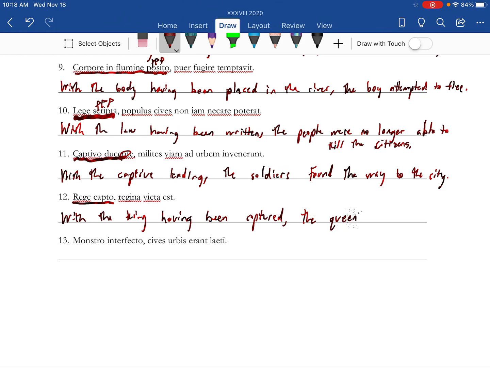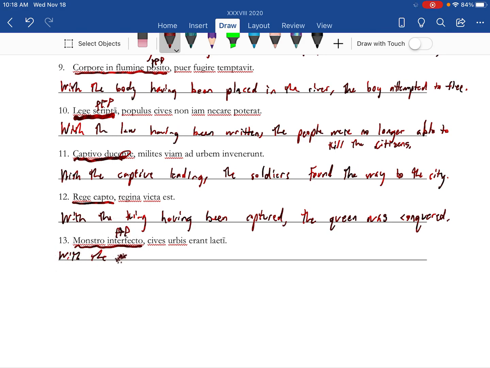The queen was conquered. Not is conquered. Two words, so it's got to be happening in the past. But in addition to that, the fourth principal part with the present form of sum is going to be perfect passive. And then the last one with a perfect passive participle.